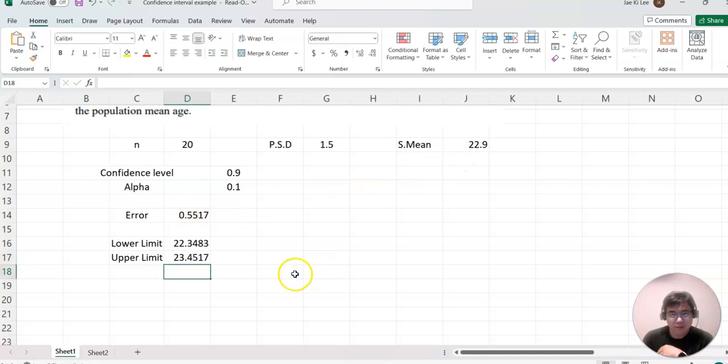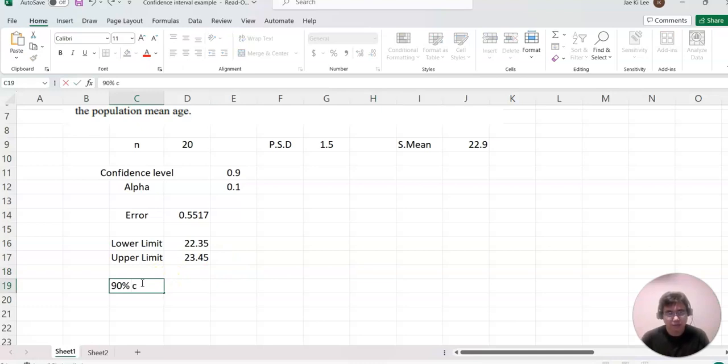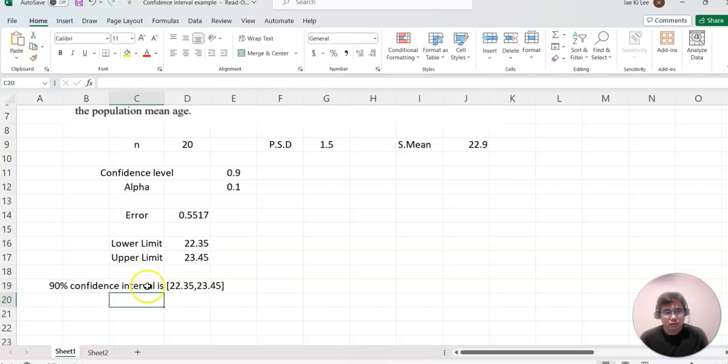Then we have 22.35 and 23.45, that's the 90% interval. So now we can conclude that the 90% confidence interval is 22.35 and 23.45.